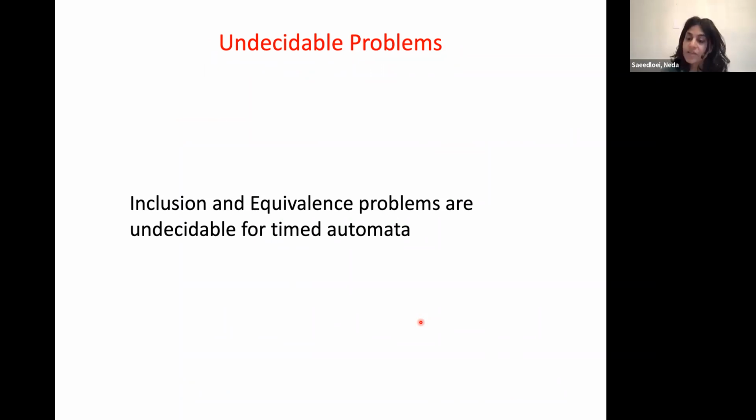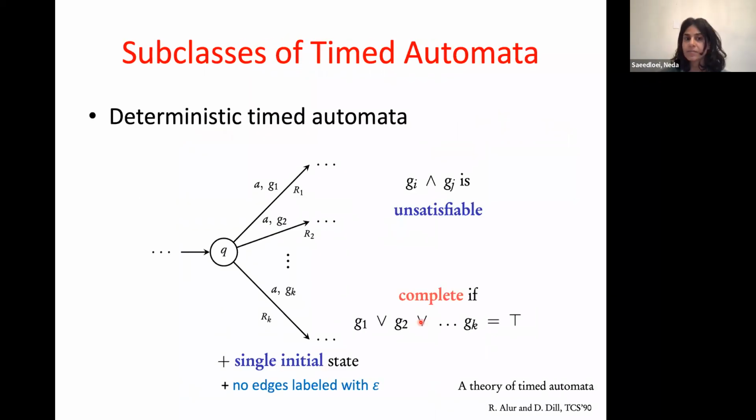If the timed automaton is deterministic, then we can compute its complement, and therefore we can answer the inclusion problem. But in general, both of these problems are undecidable. So let us look at a few subclasses of timed automata where the inclusion problem can be answered.